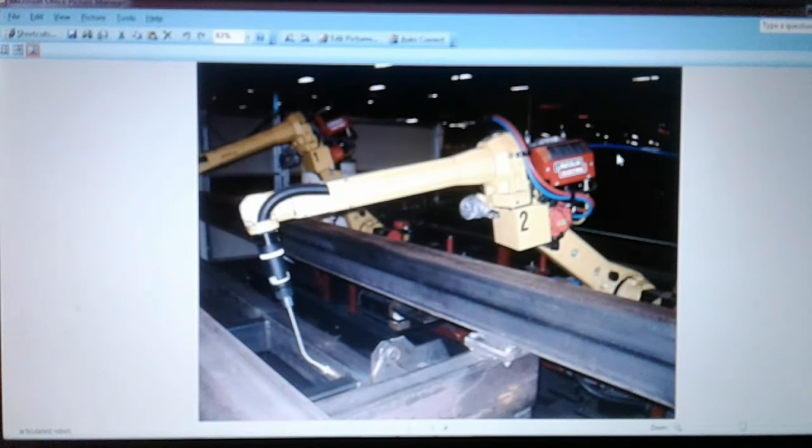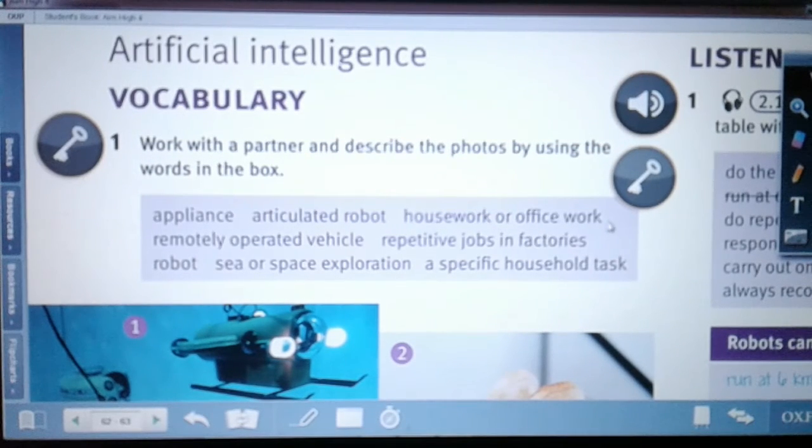Yeah, vehicle factory. Okay, next, housework or office work. Yeah, it can be defined as the work or the things that you have to do at your office or your house.